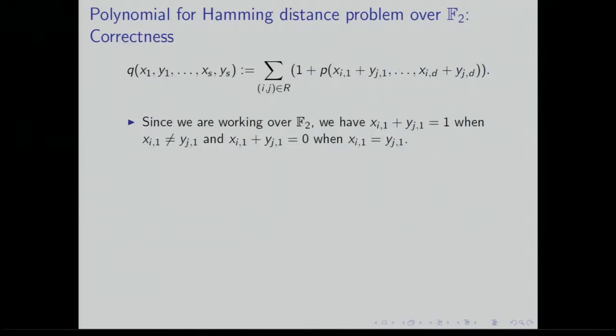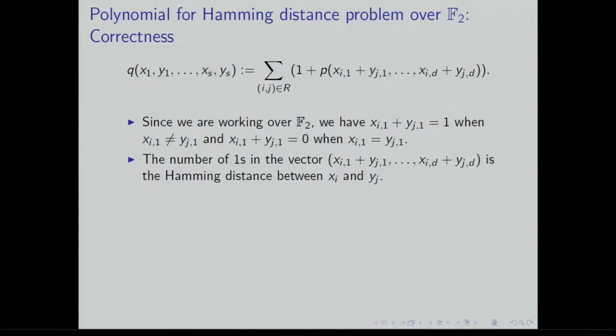Okay, so let's see why this works for the function we care about. First of all, we're going to use the fact that we're working over F2 here. Since we're working over F2, the sum of two 0,1 variables is 1 when they're not equal to each other, and 0 when they are equal to each other. So the number of 1s in the sum vector is exactly the Hamming distance between x and y.